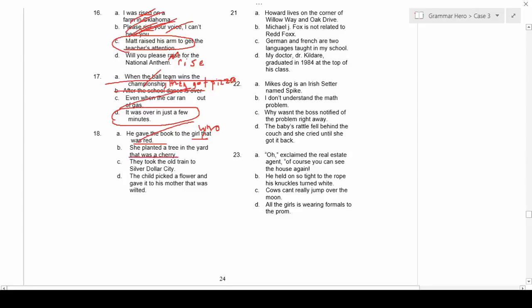This is referring to the tree, but the sentence is all messed up, so we can eliminate it. "They took the old train to Silver Dollar City." This one sounds good, so for now we're going to go with this one. "The child picked a flower and gave it to his mother that was wilted." So the mother that was wilted or the flower? We don't know. The sentence is unclear. So this is the correct sentence.